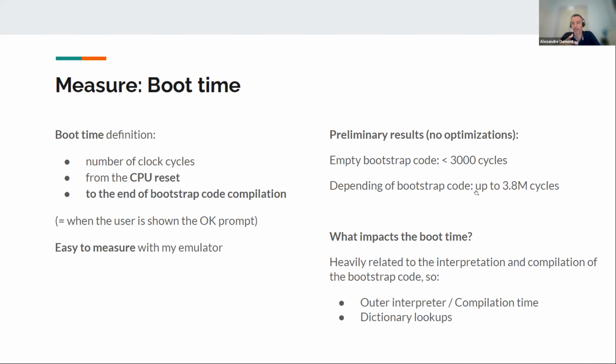I mean, that's not a lot of time, but I was obsessed with that. So that's what I've been working on. And so I started to think, what really impacts the boot time in my computer? Of course, it's heavily related to whatever impacts the interpretation and the compilation of the bootstrap code. So obviously with no bootstrap code, there's no time. And the more I put in, the more it takes.